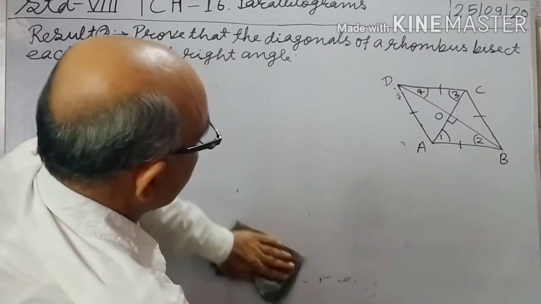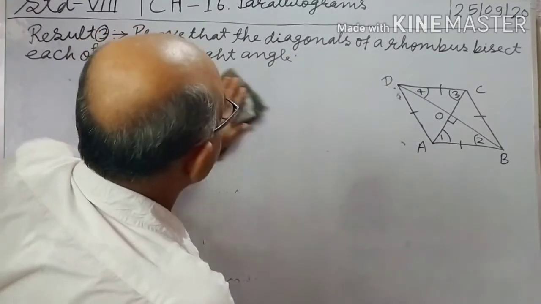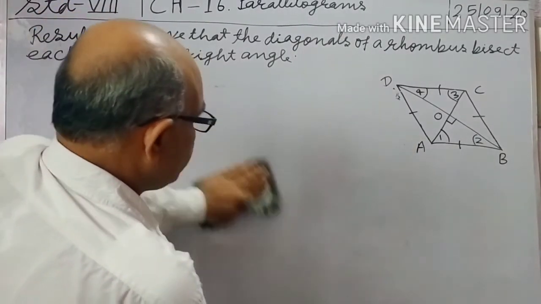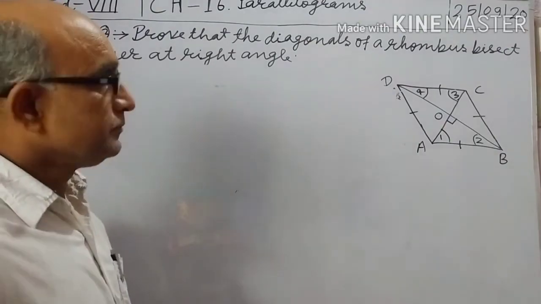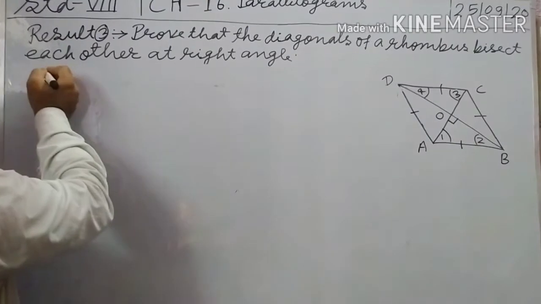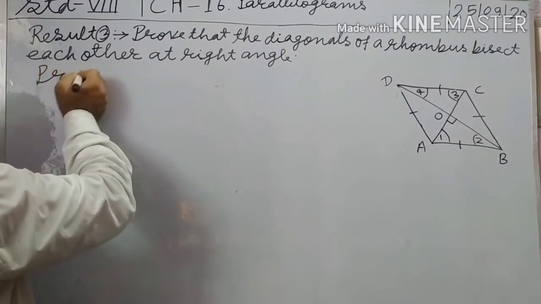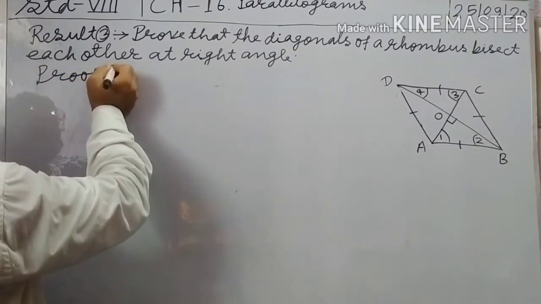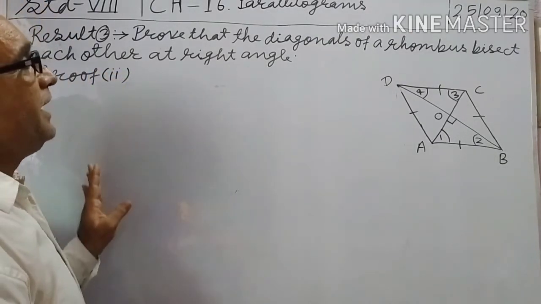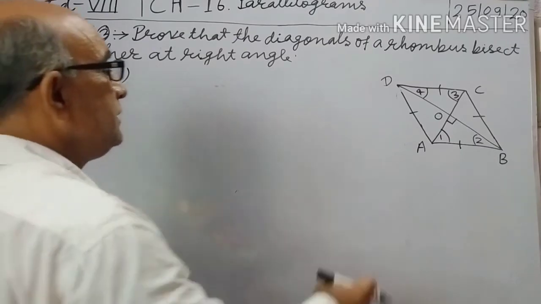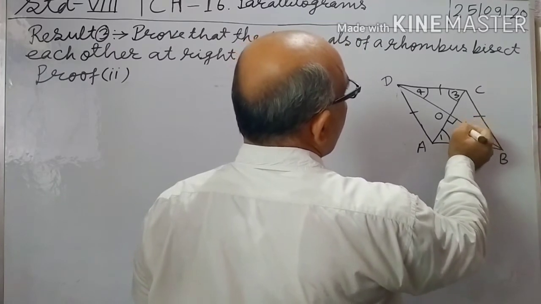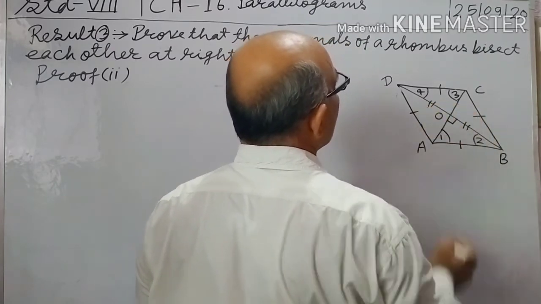Now proof 2. In proof 2, diagonals bisect each other at right angle. So here AB equal to BC and OB equal to OD.